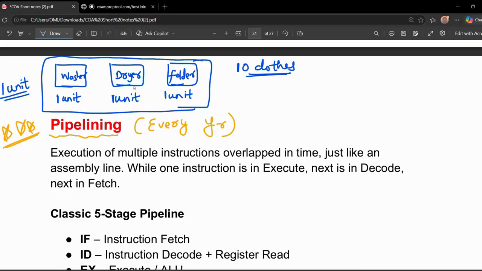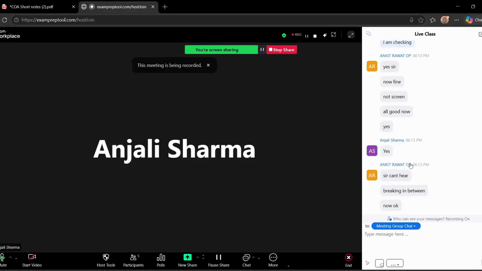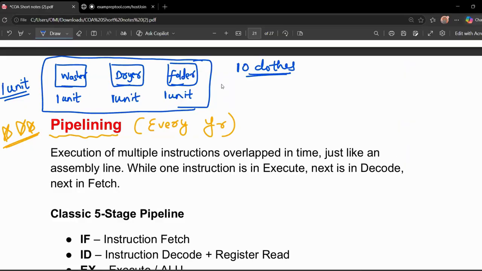So I'm giving one real analogy for why pipelining is useful. Assume that you currently don't have a pipeline. You have three machines, washer, dryer, and folder, and each machine takes one unit of time. If I have 10 clothes, how much time will it take?